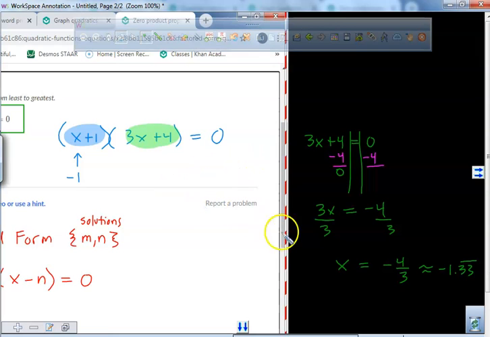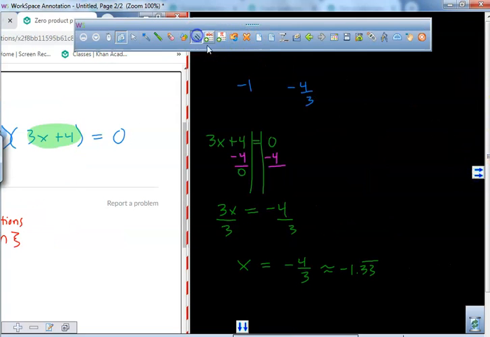Now, when we think about the number line, which one of these is smaller? Is it negative 1 or is it negative 4 over 3? Which one's the bigger one and which one's the smaller one? That's what you got to be careful of. So think of the number line. I'm going to set up the number line. All right, so here we go. We got a number line.